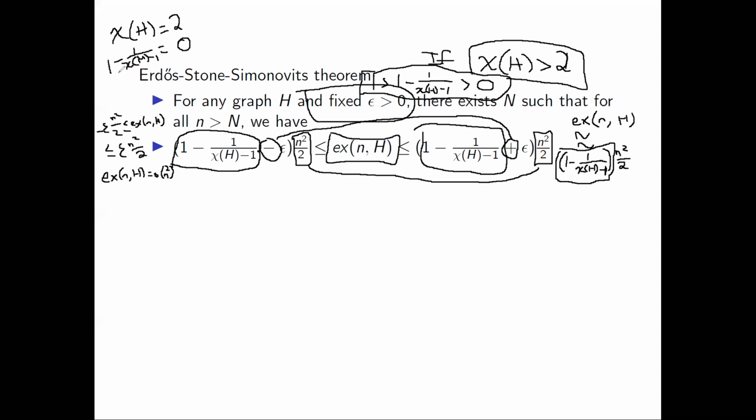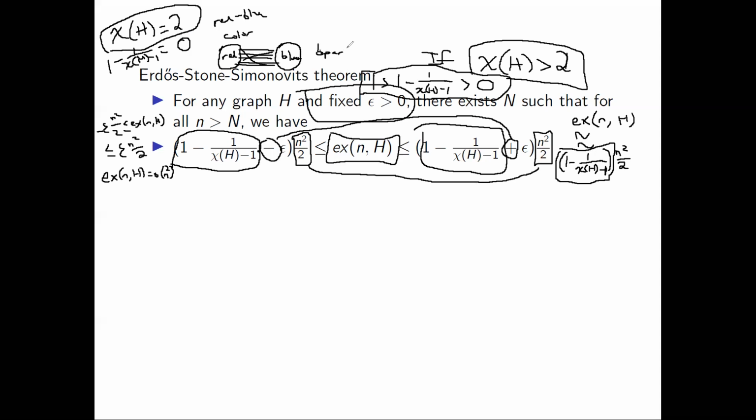The reason why we know that is because if we have a graph of chromatic number 2, that means that we can red-blue color it. If we can red-blue color our graph, we can put the red vertices on the left, the blue vertices on the right, and all our edges have to go from red to blue. We can't have any edges going between two reds or between two blues. And this is a bipartite graph.